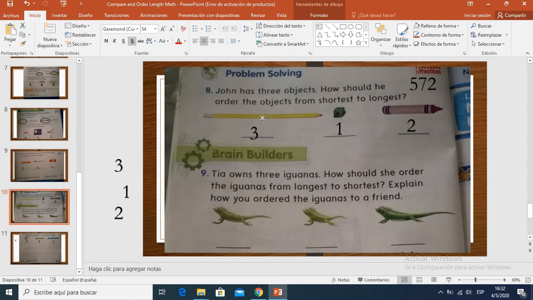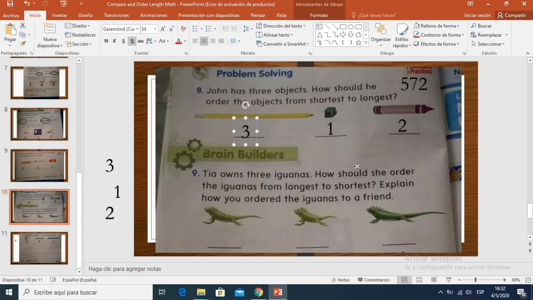Why? Because it's the longest of the objects. So, the Lego piece is the shortest. The crayon is longer than the Lego piece, but the pencil is the longest of the 3 objects. All right? Nice.